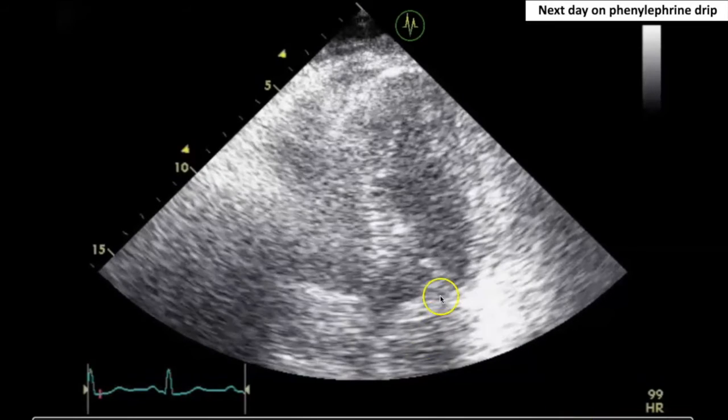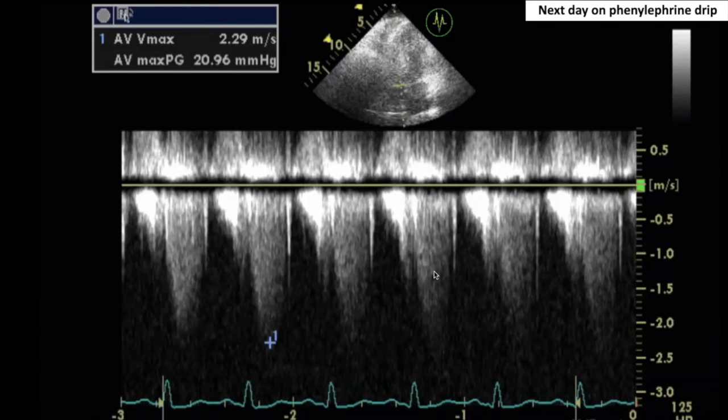Maybe not as high quality as the clip before, but you can see that in systole there is bowing of the anterior mitral leaflet. And this is the day after on phenylephrine. Although the clip on 2D looks very similar, hyperdynamic, maybe slightly less from baseline, the gradient decreased from over 100 millimeters of mercury to 21 or so.